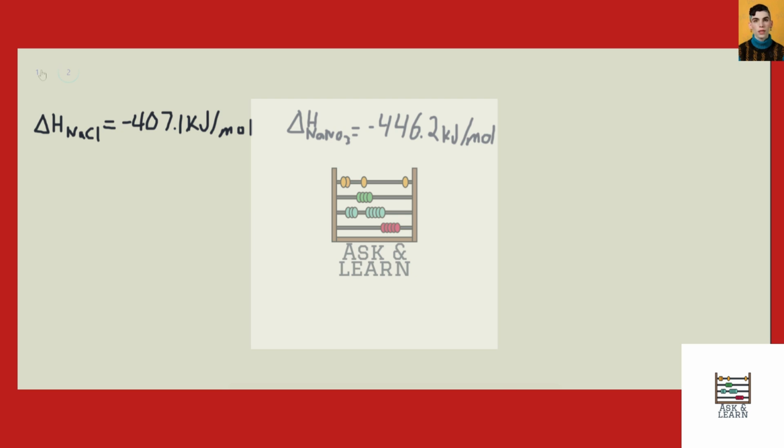Okay, so we know what the overall delta H is going to be, negative 65.7.